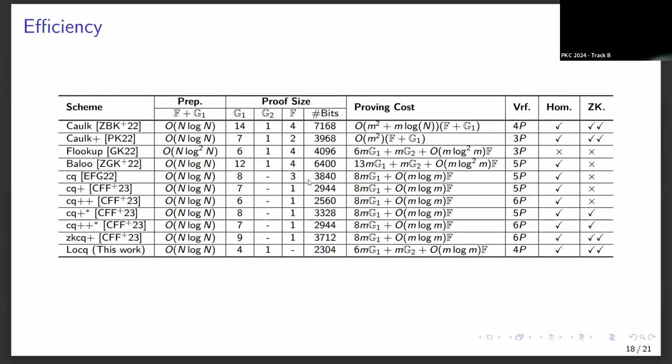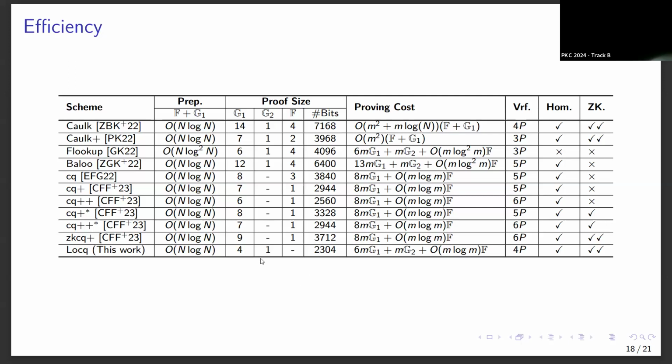So finally, here is the comparison between our work and the whole sequence of lookup arguments, and we also estimate the proof size by instantiating the pairing group with the BLS12-381 group.